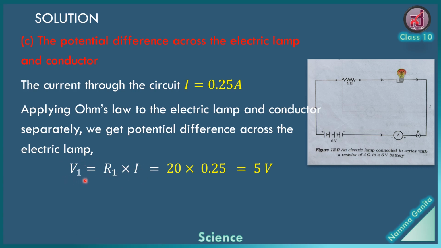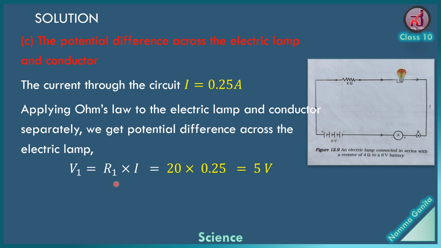V1 means potential difference across the resistor R1, the lamp. R1 means resistance of electric lamp. I means current through the circuit.